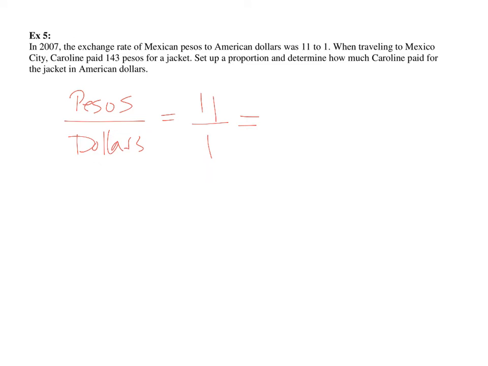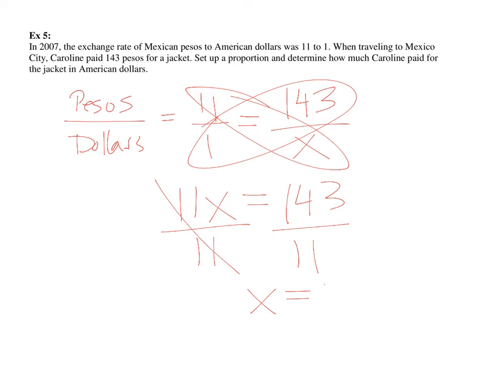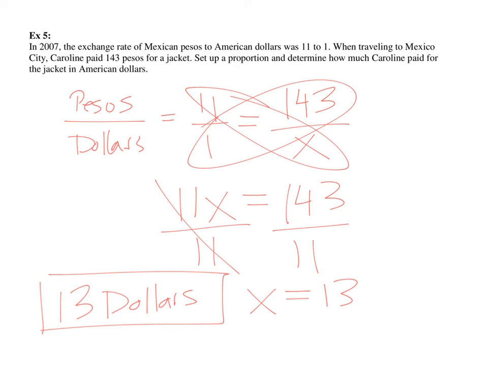Pesos is on top, so I have 143, and on the bottom, I don't know how many dollars I paid. That's X. So there's our proportion. I have 11X is equal to 143. Divide by 11, and I get X is equal to 13. So she paid $13 for the jacket. That's how you work out the exchange rate when going between different denominations of money.